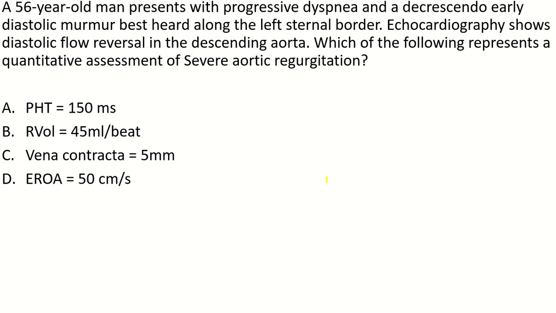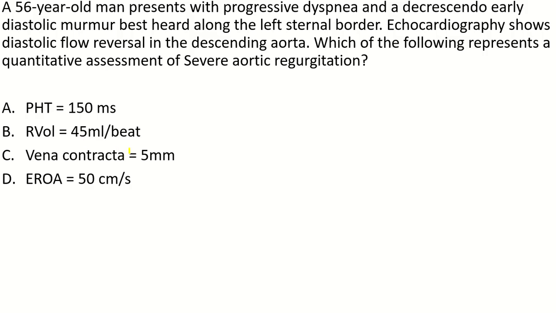Back to our question, we have the patient's pressure half time. Pressure half time below 200, which is here 150, is one of the semi-quantitative, not quantitative, assessments of severe chronic aortic regurgitation. Regurgitant volume of 40 mL per beat is a quantitative assessment, however, it is a bit low.